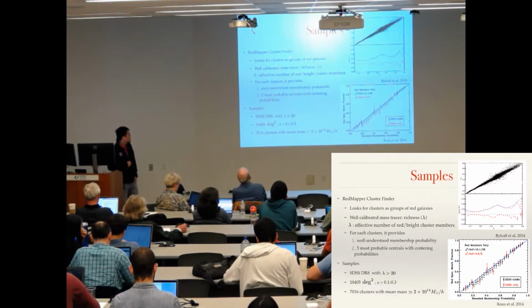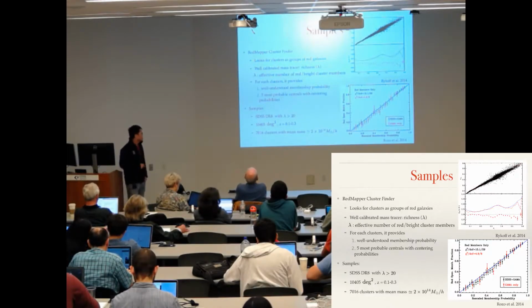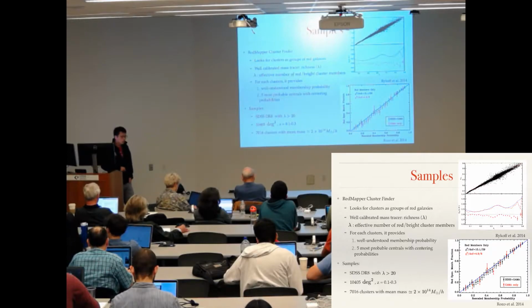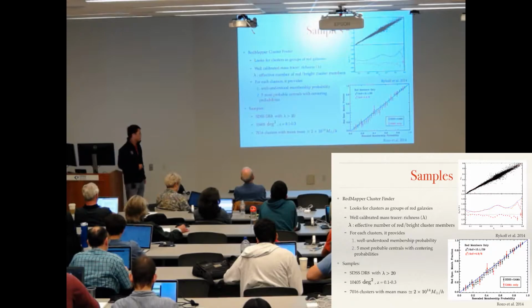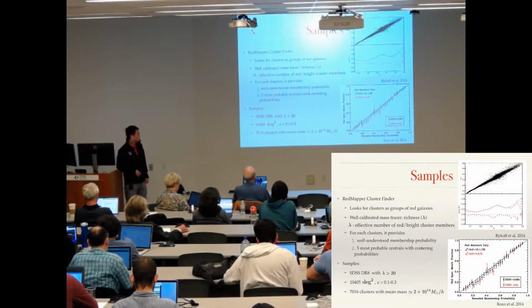The sample we use, I think it's already mentioned in Susmita's talk yesterday, uses the redMaPPer cluster finder. redMaPPer looks for clusters in the optical image. It identifies clusters as a group of red galaxies. The algorithm uses all the member galaxies to determine the redshift of the galaxy cluster.